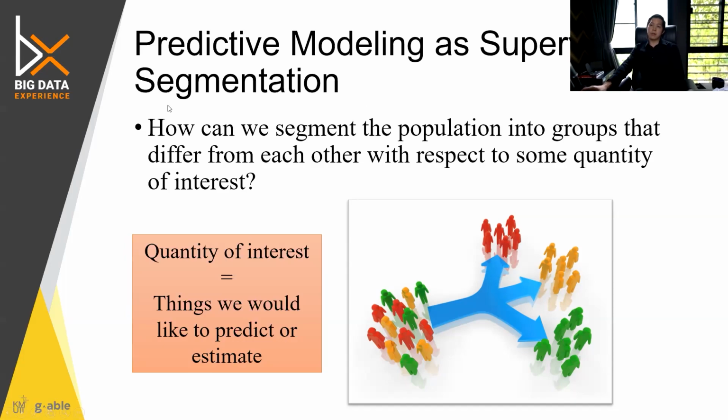The main question of supervised segmentation, where supervised means that we have labels, these future labels to associate with the past, becomes: how can you divide populations into groups with respect to the quantity of interest? This quantity of interest is the thing that you want to predict or estimate.